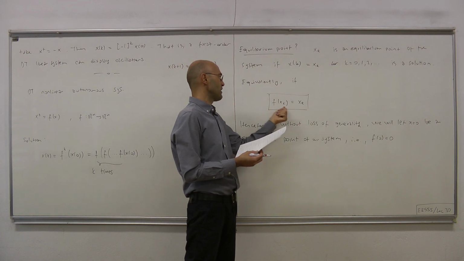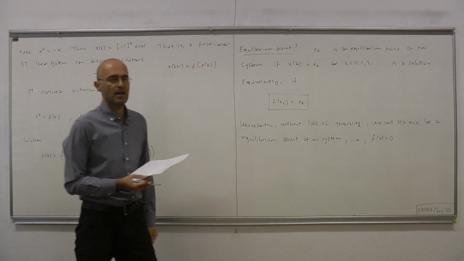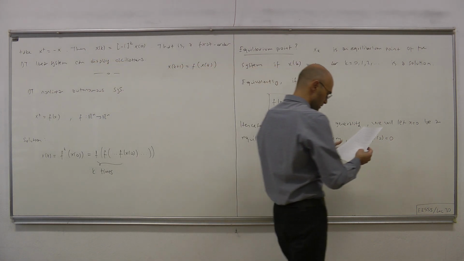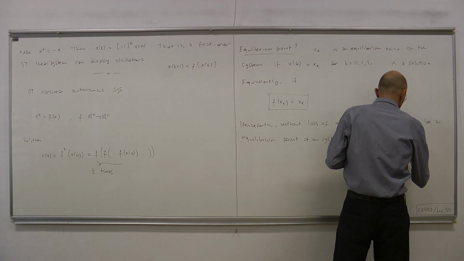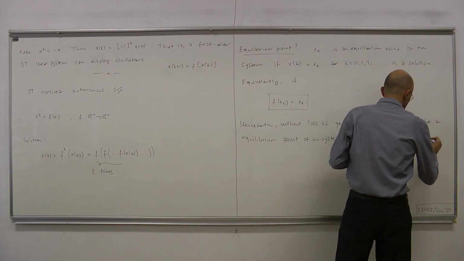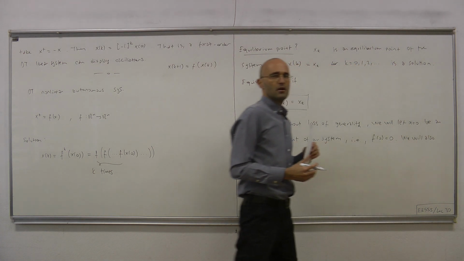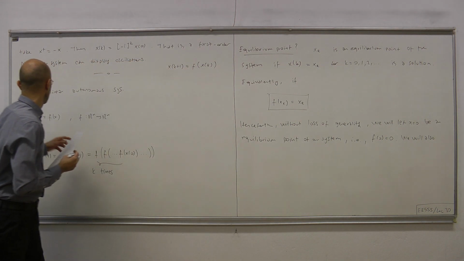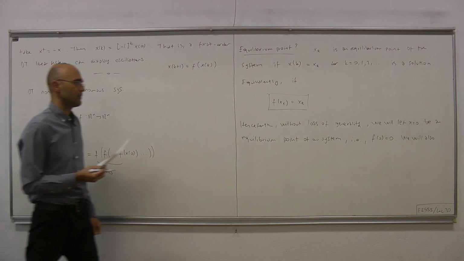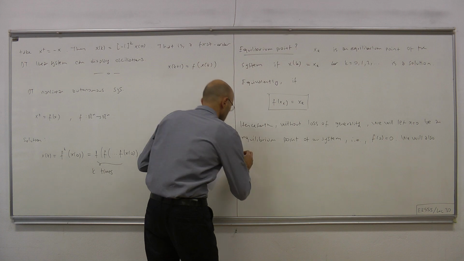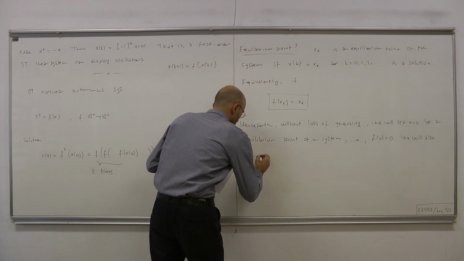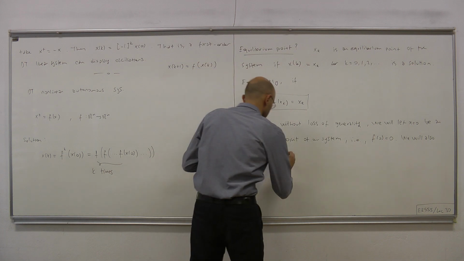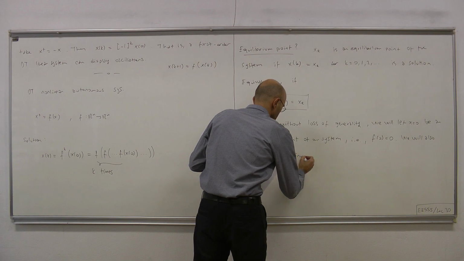For discrete time, f of x equals itself, x. And you will also be considering only continuous right-hand side, f to be continuous.